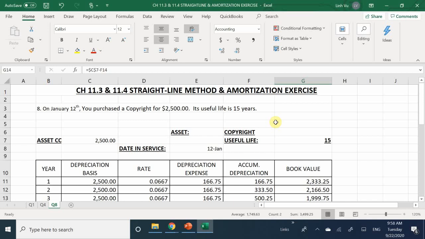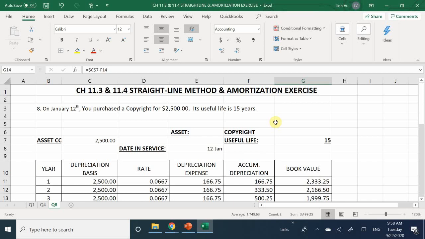So therefore, the reason why I left the table as is, is because essentially we are taking the same exact formulas that applied for straight line, right? We need to keep that consistent. I don't want to throw you guys off and be like amortization expense. No. I want you to utilize amortization expense as if you are using the straight line method.